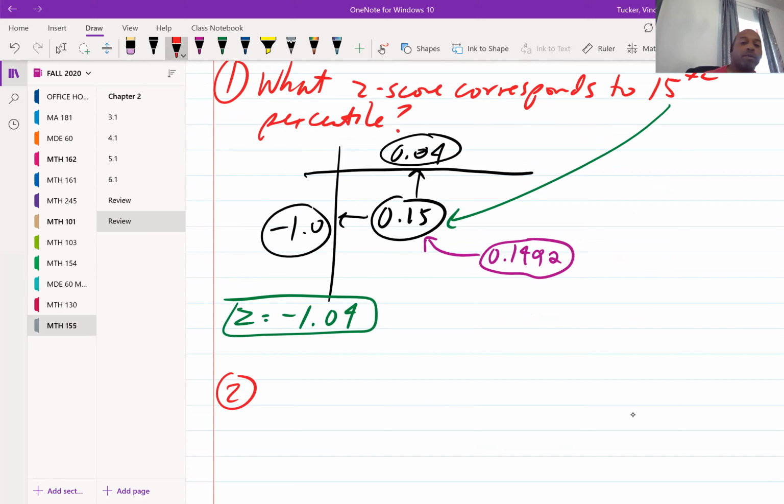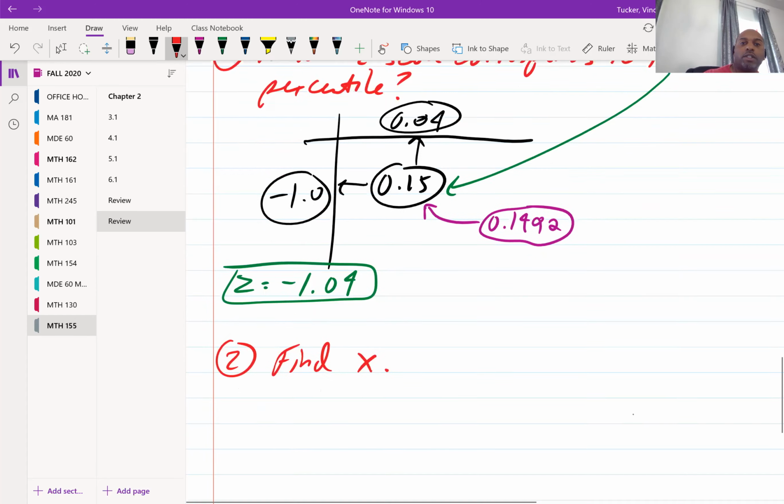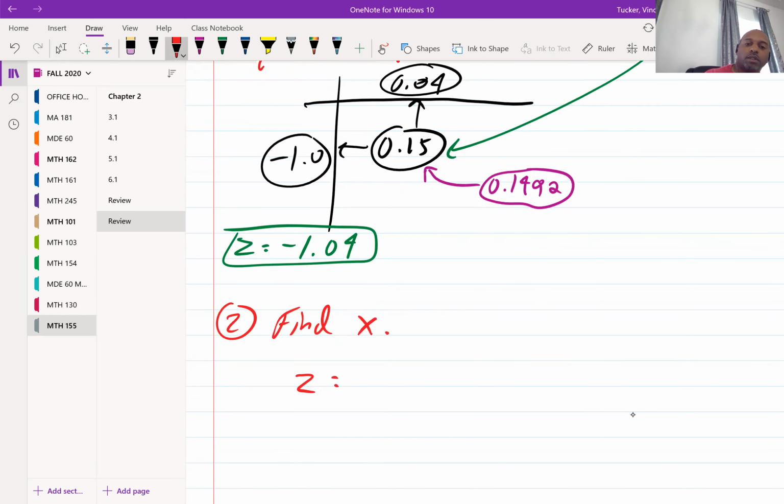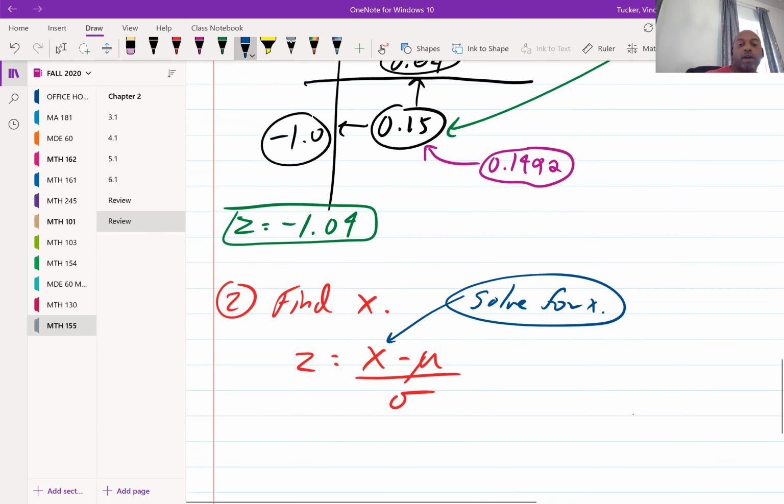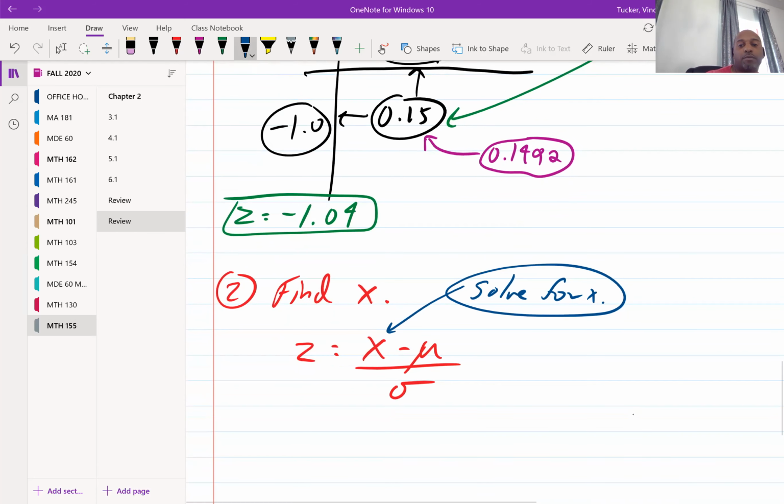All right. Let's see, now we can find x. We have enough information. So now our z-score formula is x minus mu over sigma. Now, if I were to solve that for x, you're not going to have to do this every single time. I'm just showing you the background as to where this stuff comes from. If I were to solve this for x, I would multiply both sides by sigma, and then I would add mu.